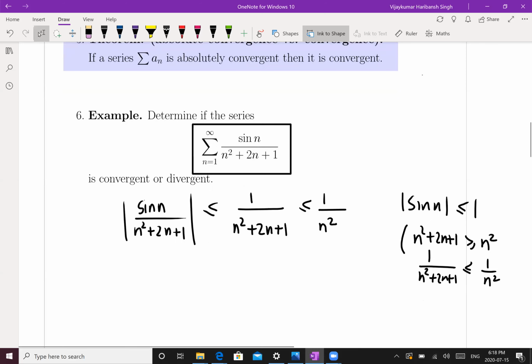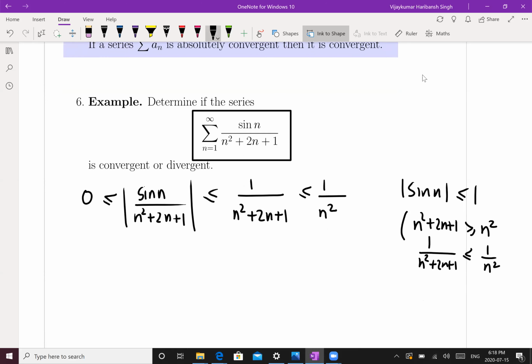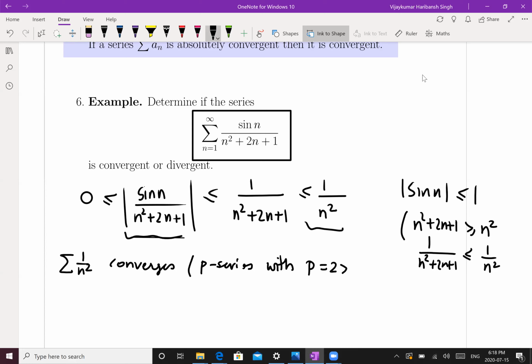Now you can think about this as a series with positive terms because you're taking the absolute value here. Now notice that summation 1 by n square converges. Why does it converge? Because it is a p series with p equals 2, greater than 1.